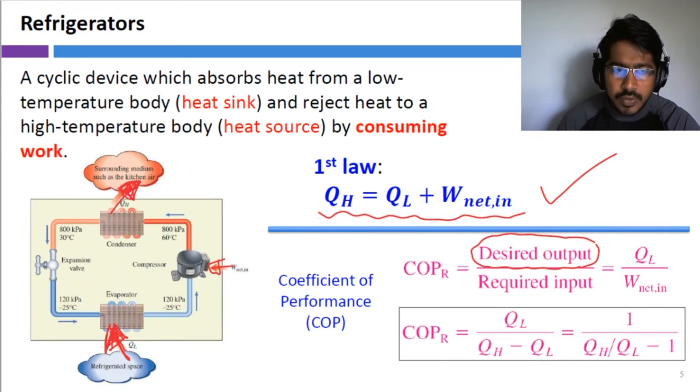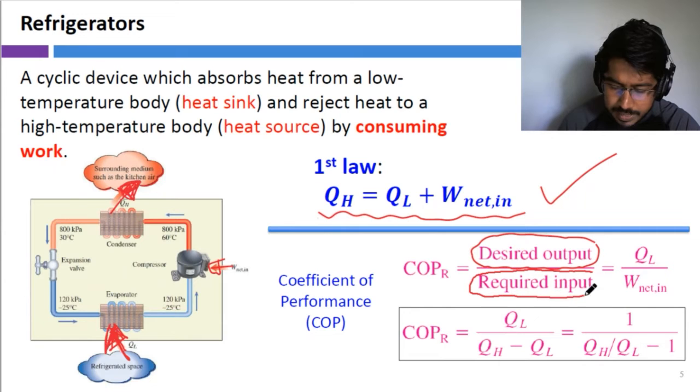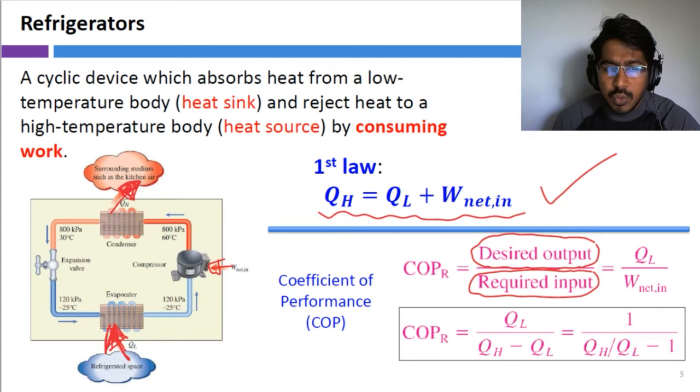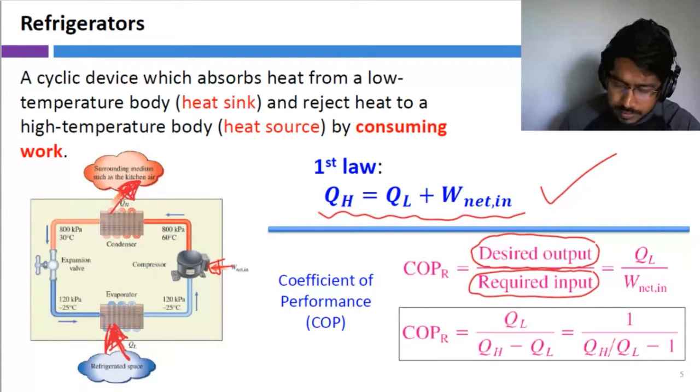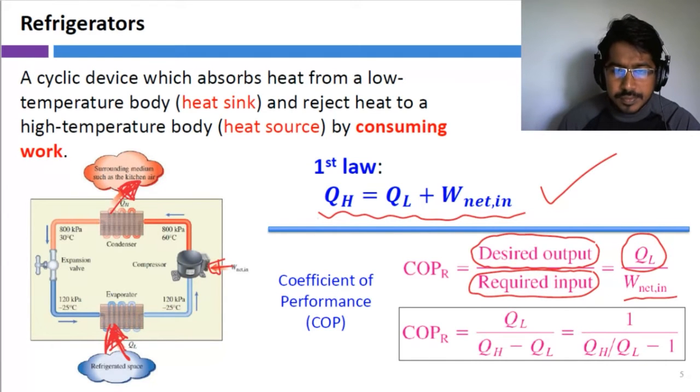The desired output, or the desired effect that we are waiting to receive, divided by the required energy input. This is the general form of efficiency, right? In this case, what is our required output? It's the cooling effect.